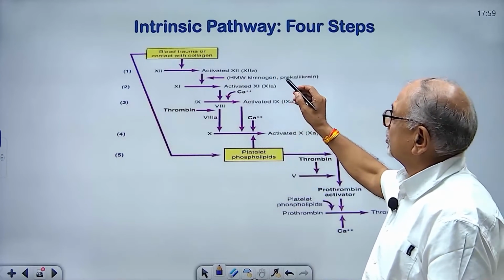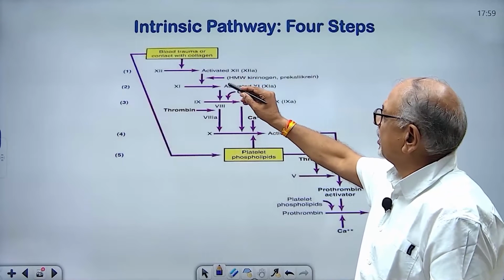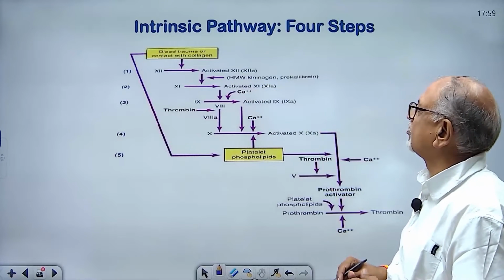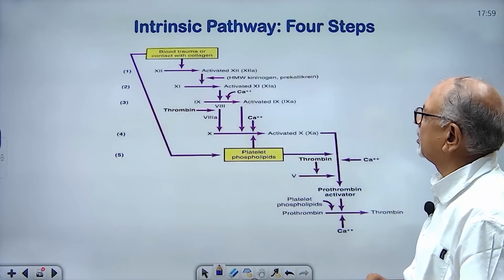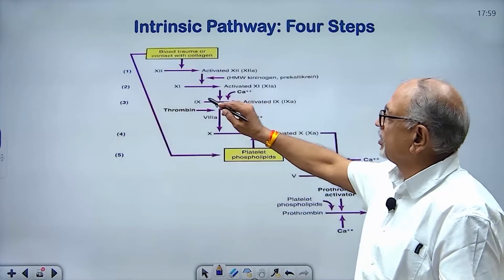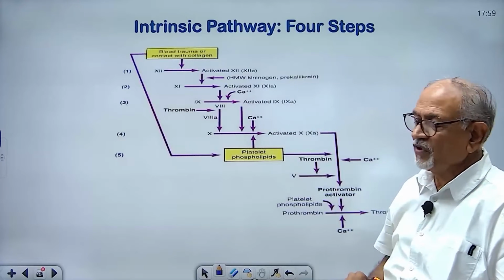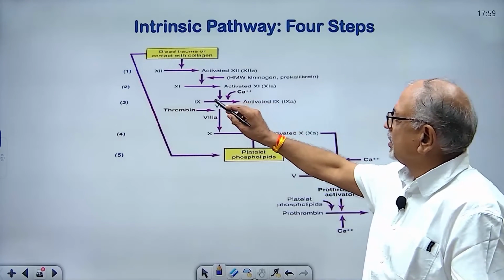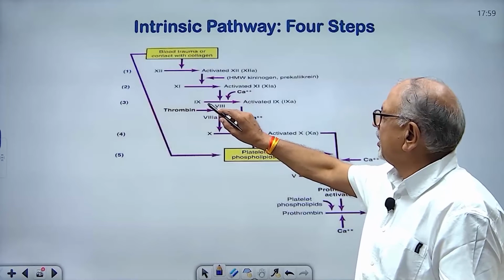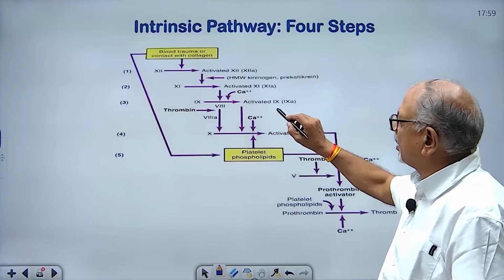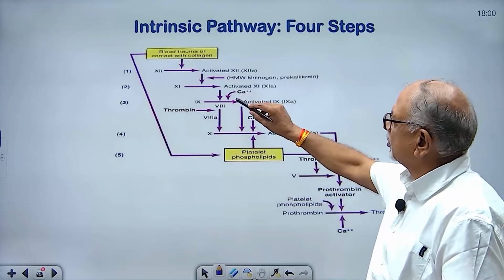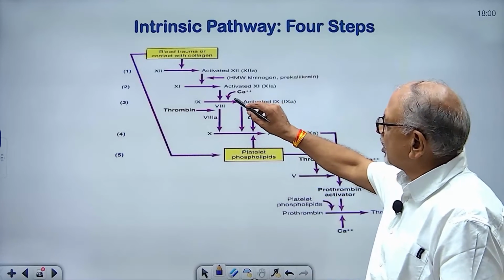This factor 12A is helped by high molecular weight kininogen and prekallikrein. This activates factor 11 into factor 11A. Then factor 11A activates factor 9. In this process, the calcium ions help.